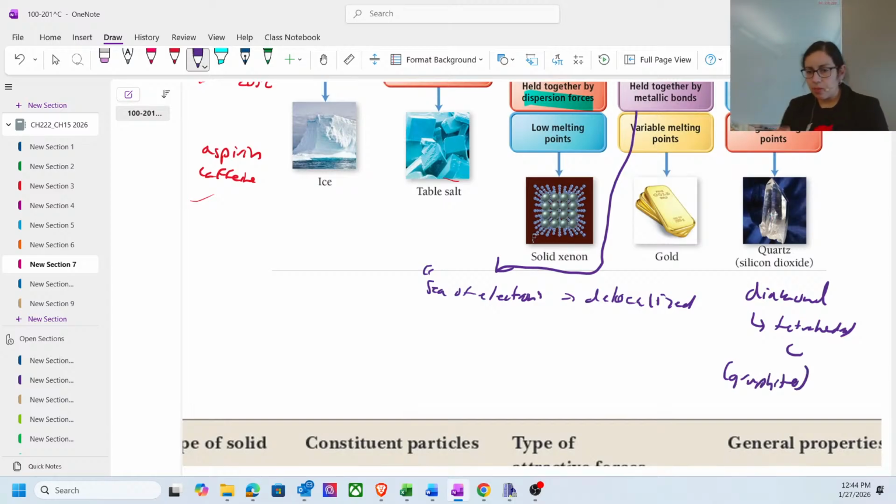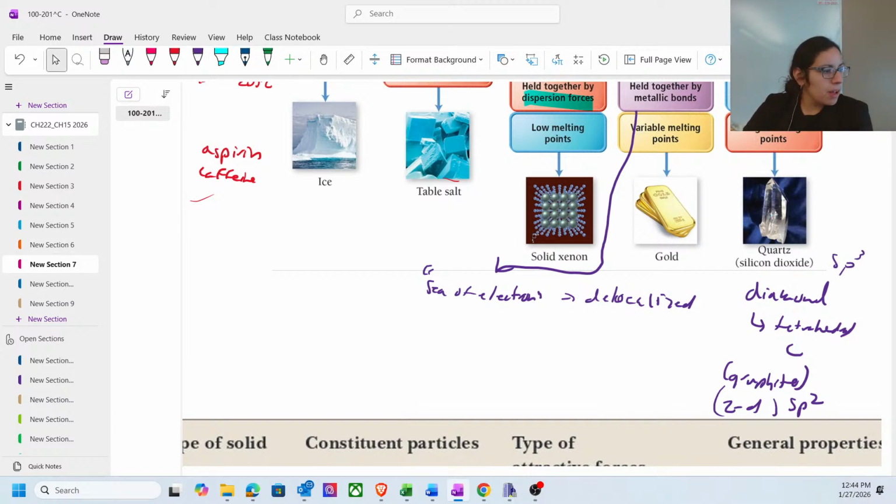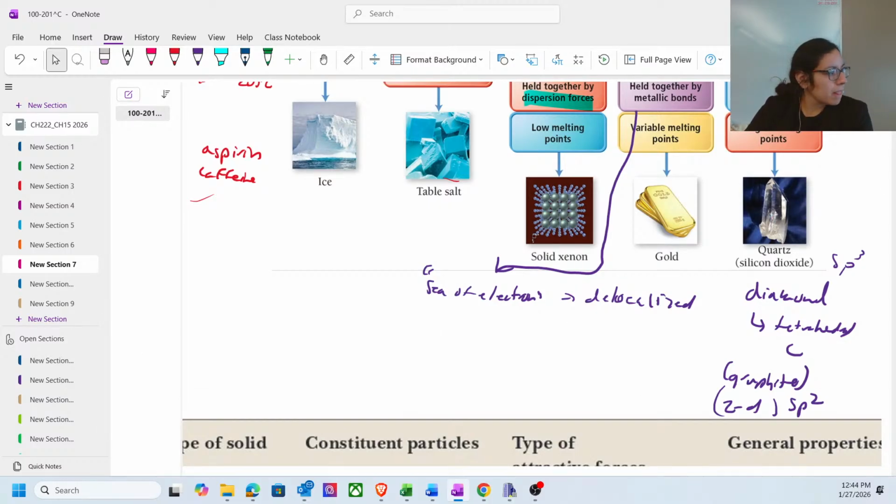Of course, graphite is different from diamond in that graphite is 2D, going back to the sp2 hybridization versus diamond sp3. So just things to think about in terms of structure and properties. But both of those are good examples of network covalent compounds.